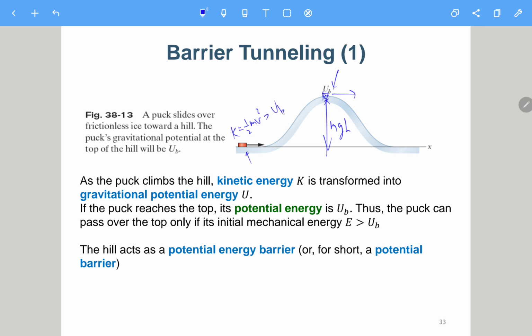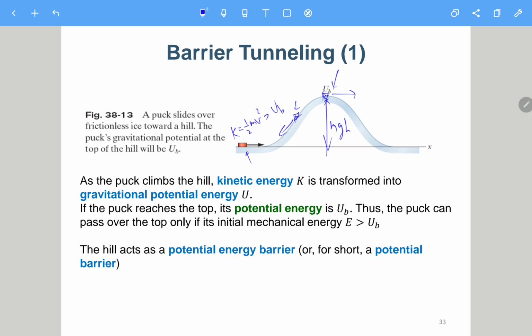If K is smaller than UB, then maybe it just goes up to here. Then all the kinetic energy has already transferred to potential energy, and it can only go back.